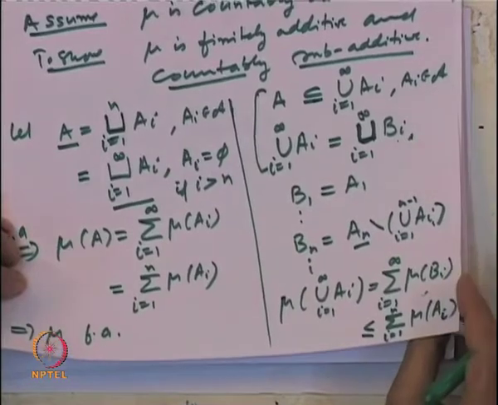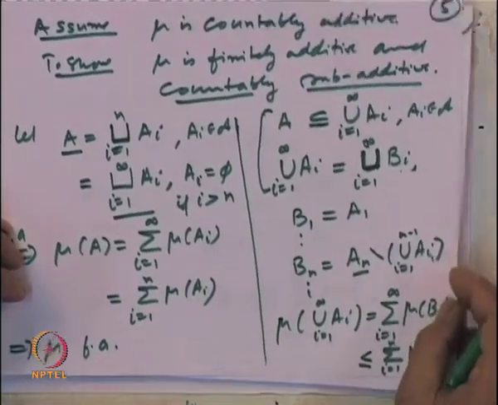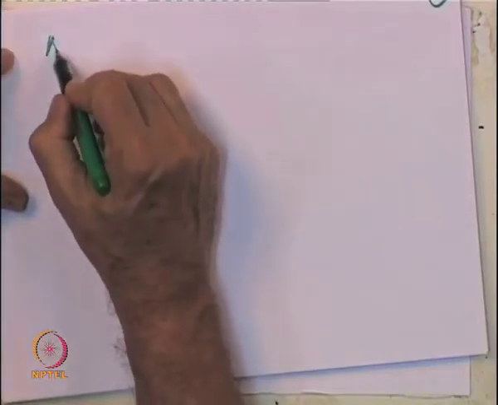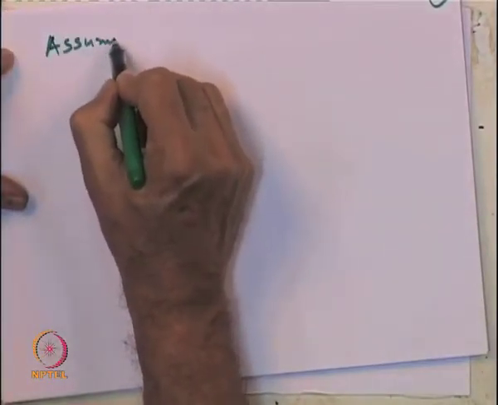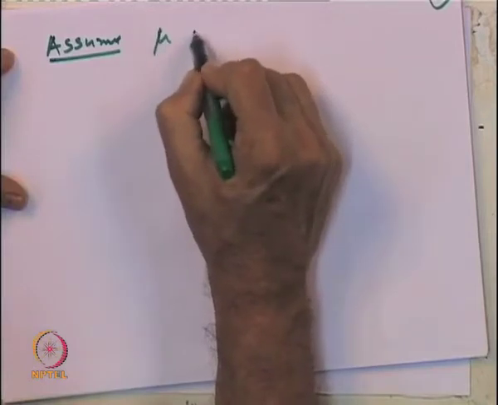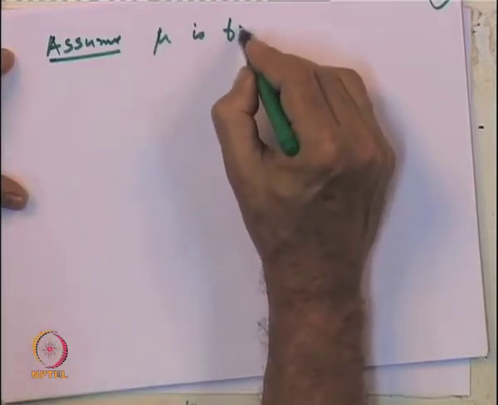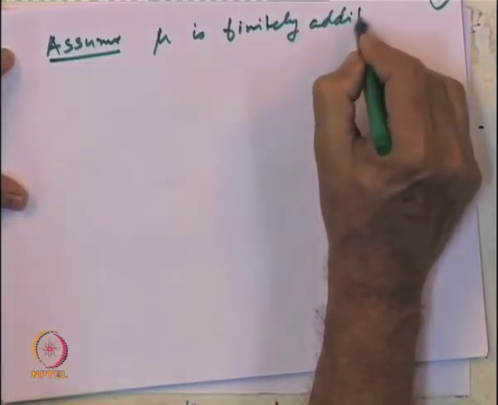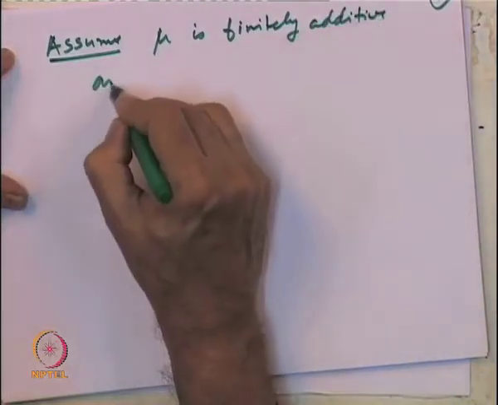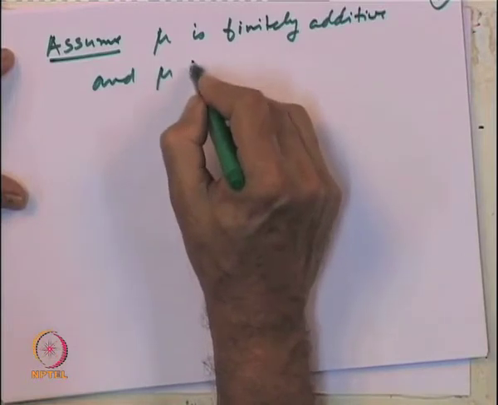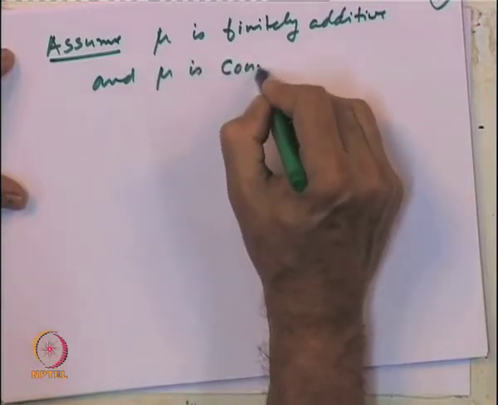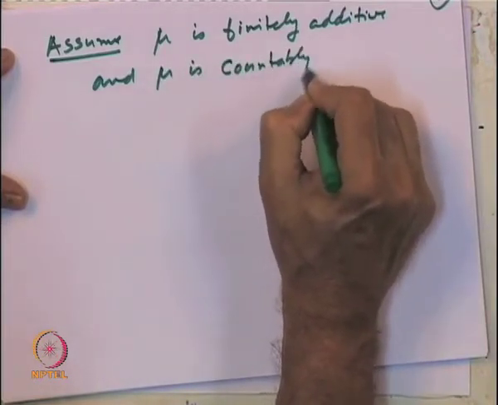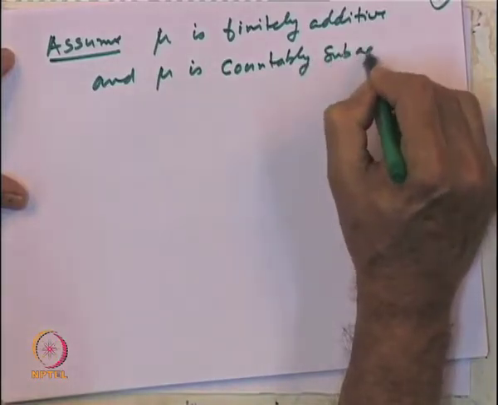Let us prove the other way around implication, namely, so we want to show. So, assume mu is finitely additive and mu is countably subadditive.